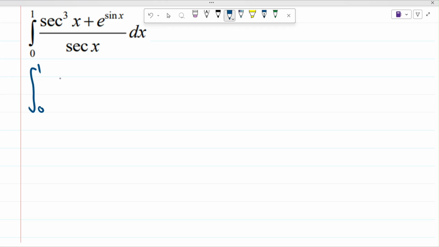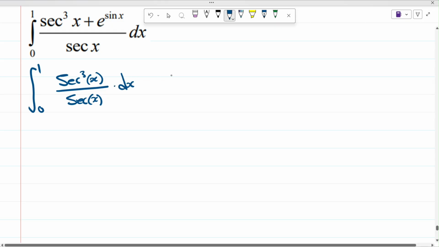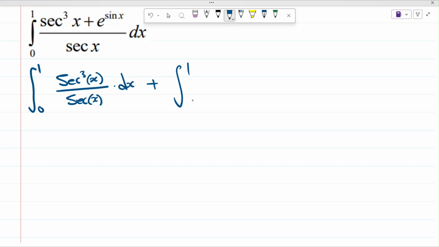So this is going to be the integral of sec cubed of x divided by sec of x dx, plus the integral of 1 over sec of x multiplied by e to the power sine of x dx.